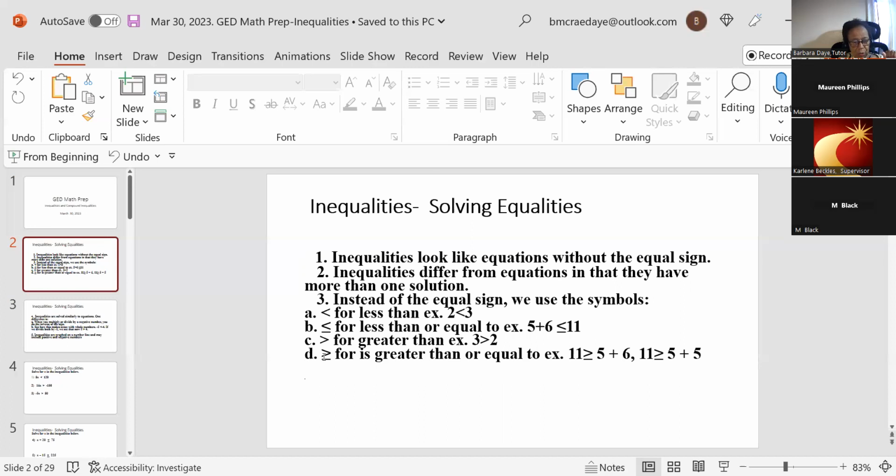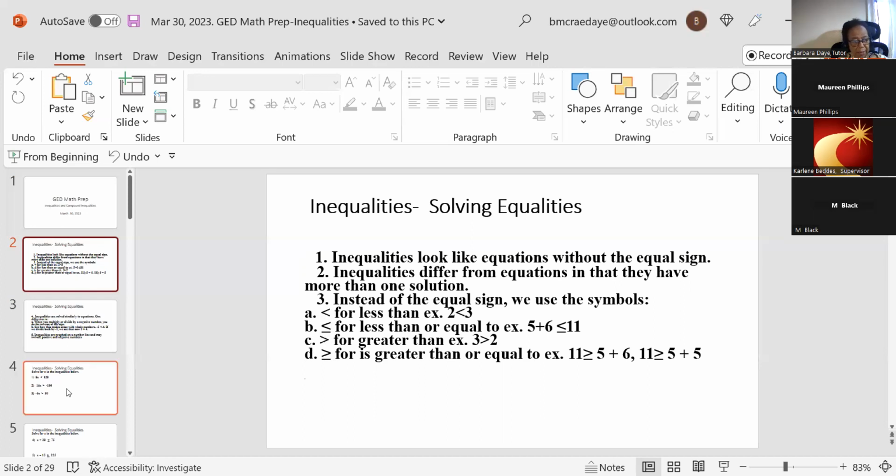It includes it. Whereas if it's open dot, it's either less than or it's greater than. And it does not include the location of the dot. Got it? Okay, I think so.